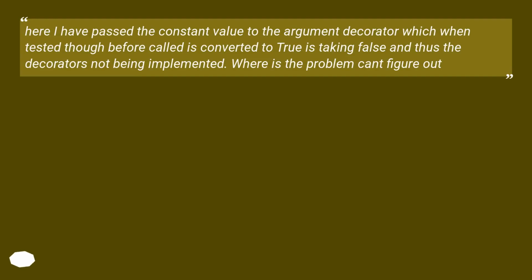Here I have passed the constant value to the argument decorator, which when tested, though before called, is converted to true, as taking false, and thus the decorator is not being implemented. Where is the problem? Can't figure out.